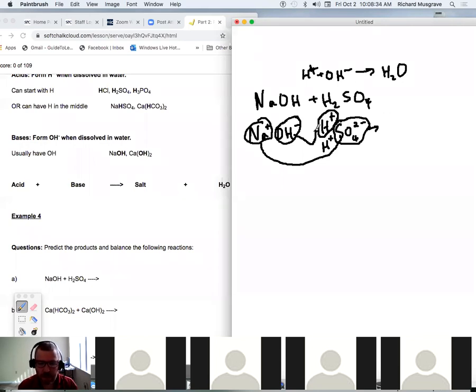And in this instance, I know the H plus and the OH minus join together to give water. I'll just put that over here. Again, it doesn't matter where you put it on each side of the arrow, so it's going to be plus water. And I know that the Na plus will join with the SO4 2 minus. So you'll notice I did ignore that H plus there, but that's fine because what I'm interested in is trying to figure out what the products look like first before I do any balancing.